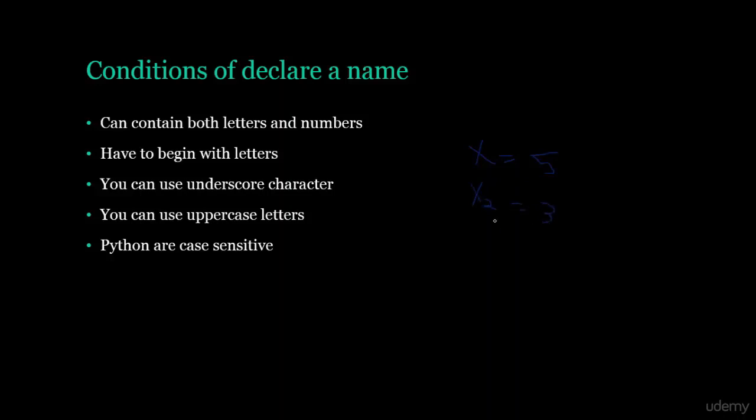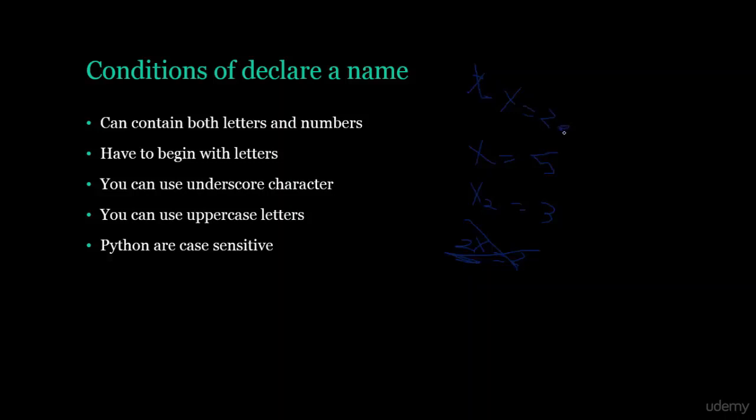But remember, you cannot begin with numbers. You cannot say 2x equal to 2 because this is an error. This variable name has to start with a letter, not a number. You can use an underscore here, x_y equal to 20, like this.